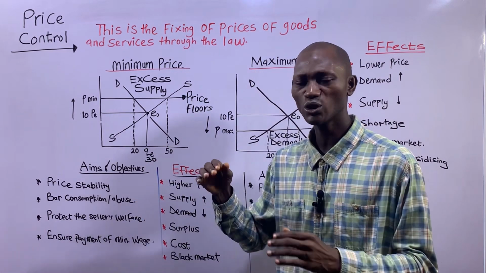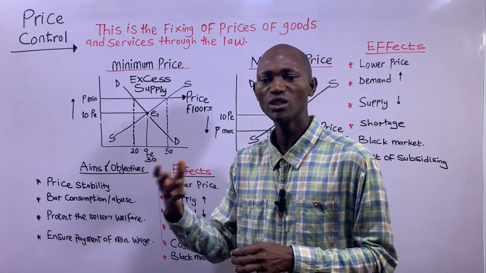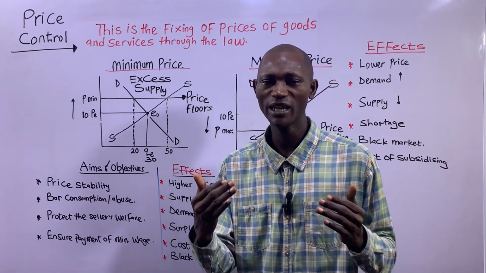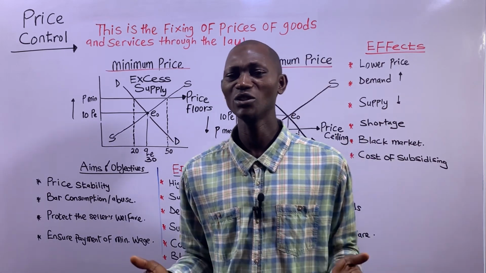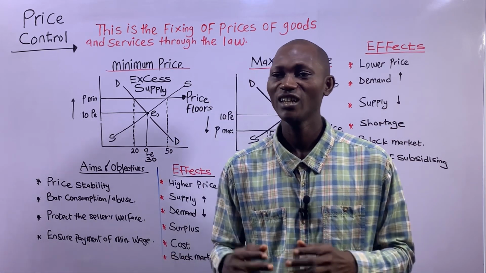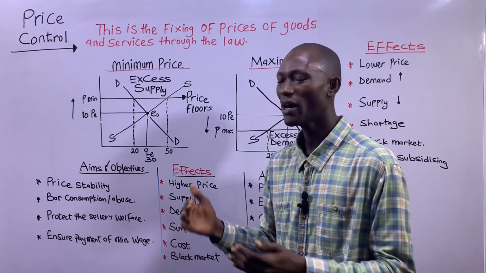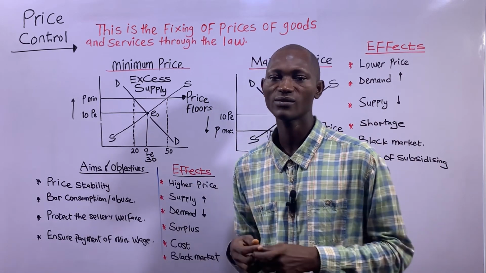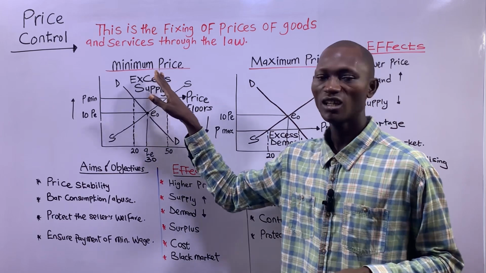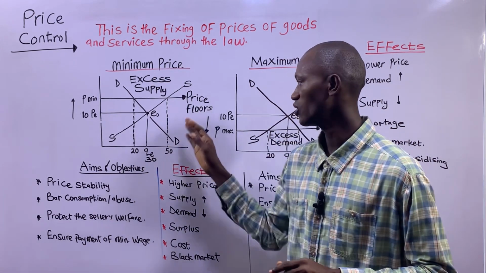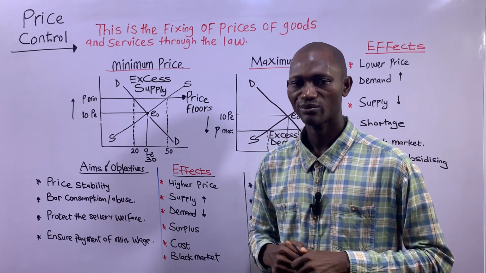So they are trying to avoid the abuse of BRT, because if the bus fare is pegged at, let's say, 300 naira or 400 naira, it will be for all and sundry, and that will be abused. So by setting a minimum price legislation, it follows the minimum price legislation, which is price floors.